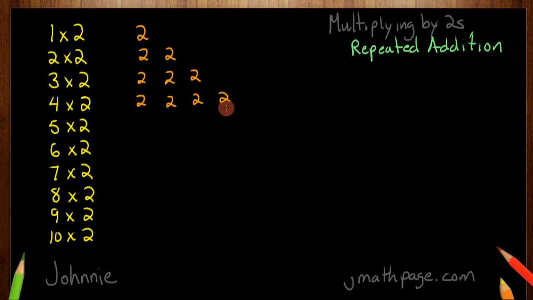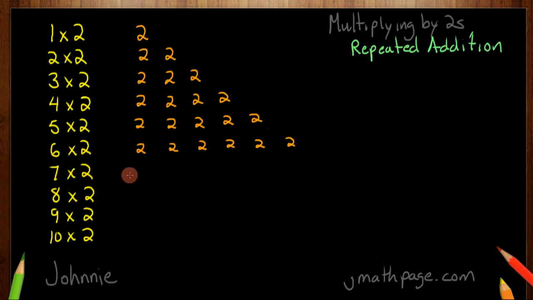So I have four 2's for 4 times 2. 5 times 2, 1, 2, 3, 4, 5. So five 2's here is the same as 5 times 2. 6 times 2, 1, 2, 3, 4, 5, 6. Six 2's, 6 times 2.